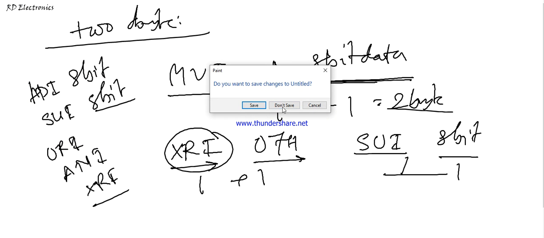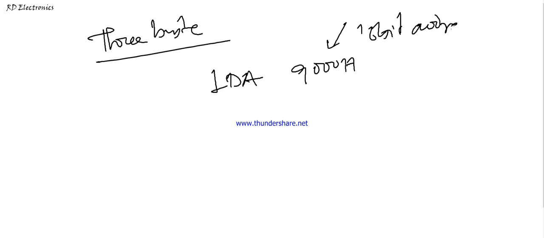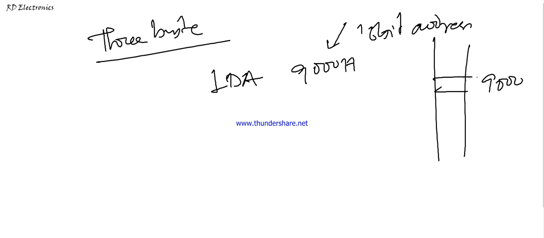Next is 3 byte instruction. So what is a 3 byte instruction? The example is LDA with a 16-bit address, which addresses one memory location. Let us consider memory location 9000, where the content is 78. What is LDA?